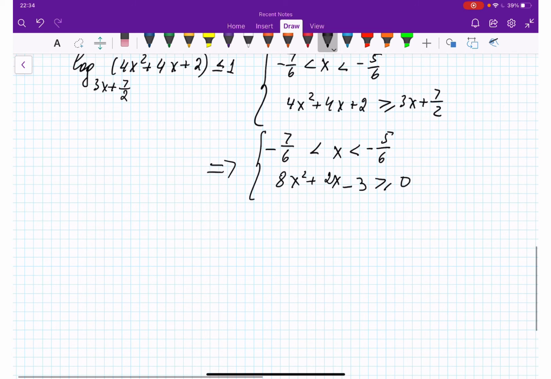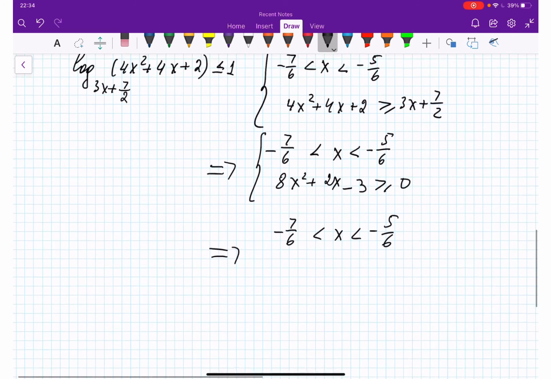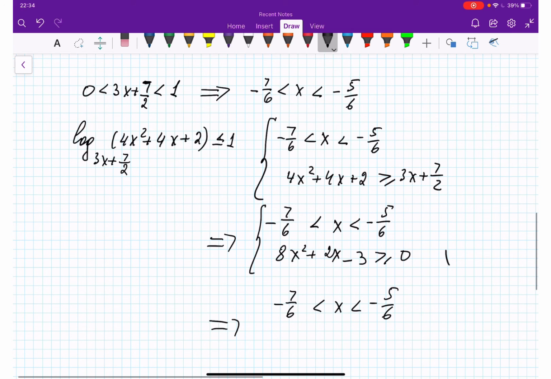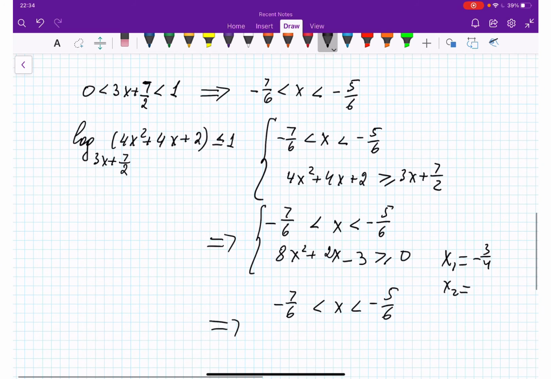And from here, we have x greater than negative 7/6 and less than negative 5/6. And for the solution of this inequality, since we solved it, we know that x1 was equal to negative 3/4 and x2 was equal to 1/2.